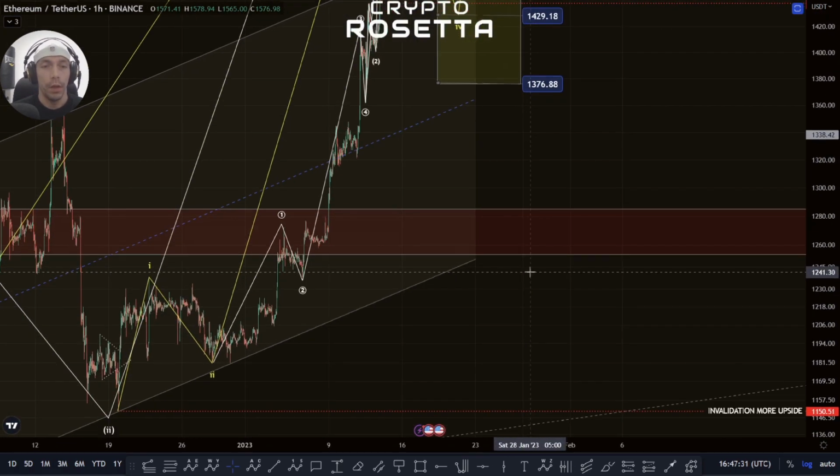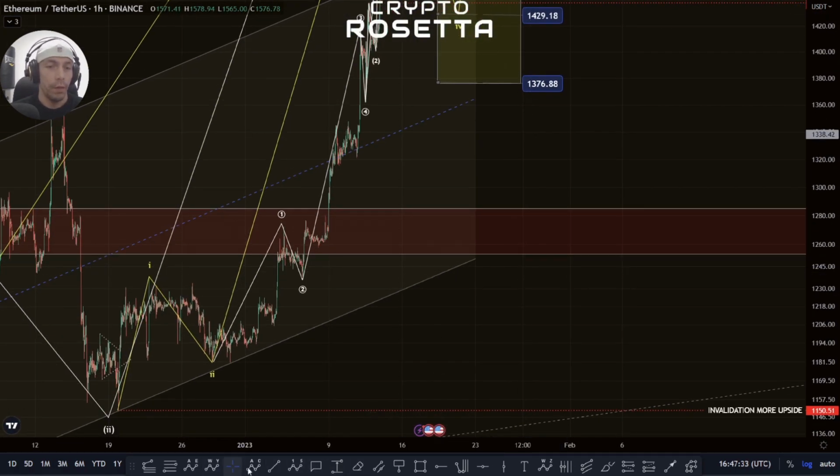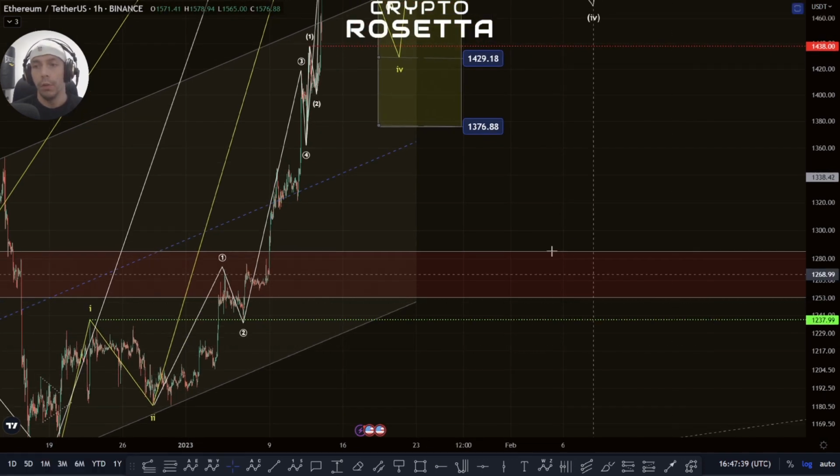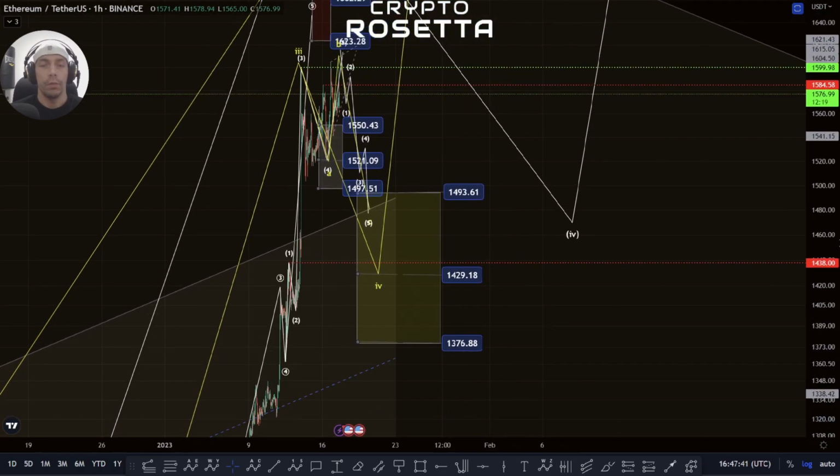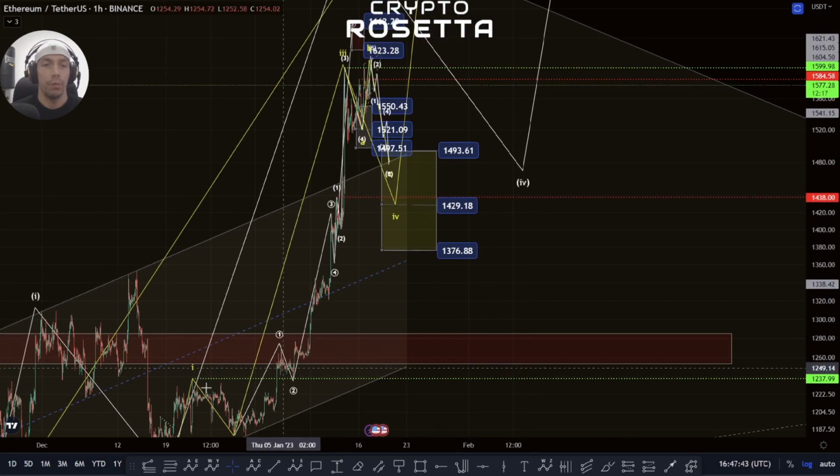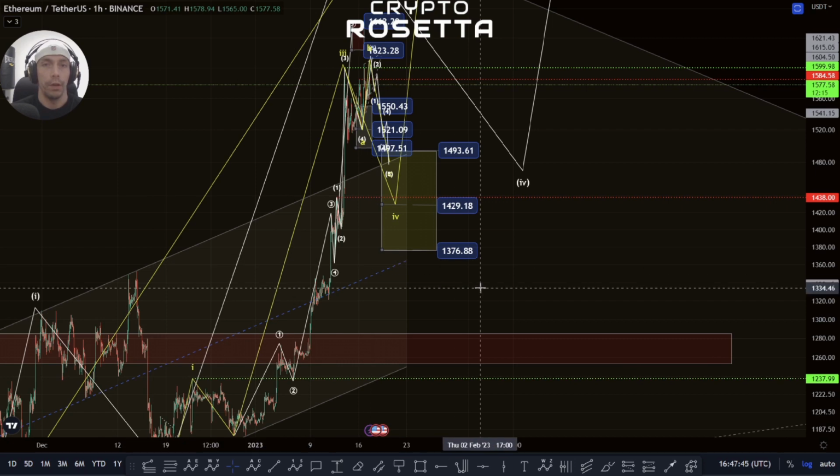move down, it is a long way away, but if we do happen to move down and lose this point here of this 1237, then effectively it would invalidate it, but by that stage we would probably have had better structure developing.